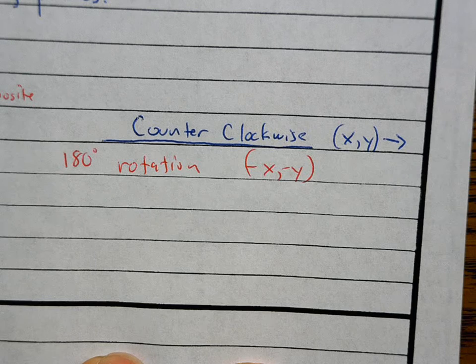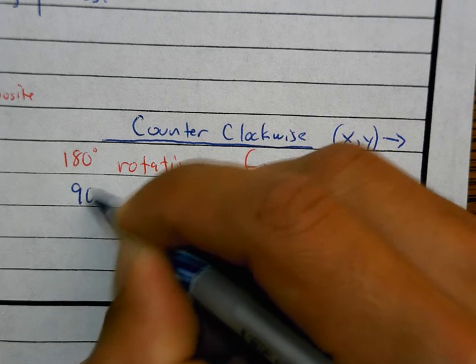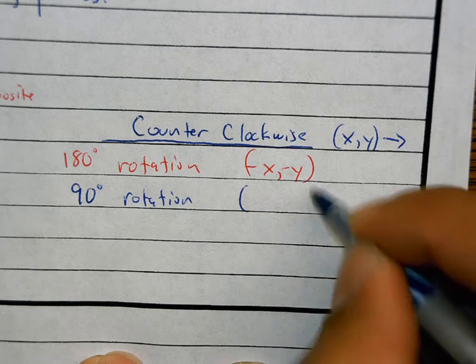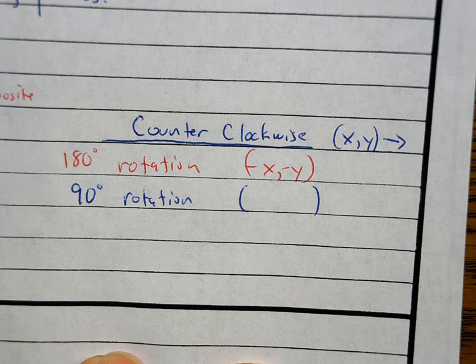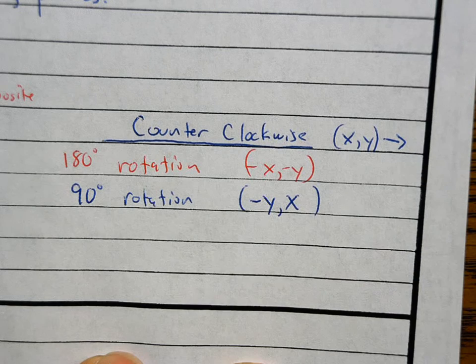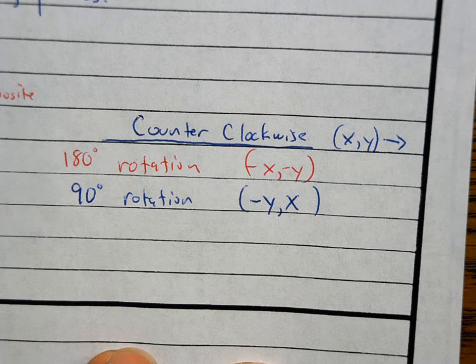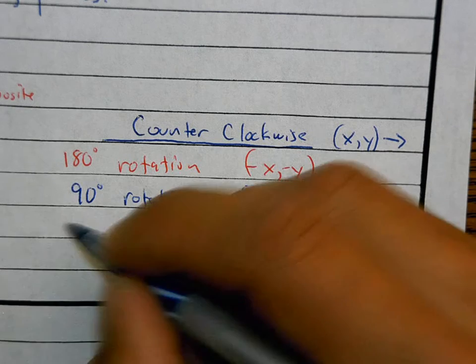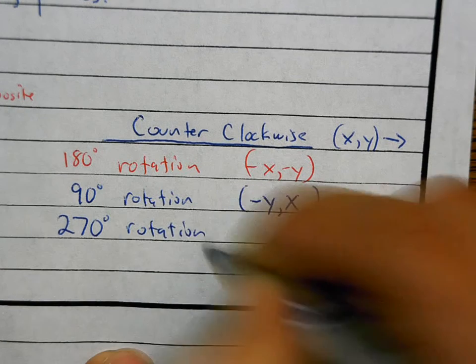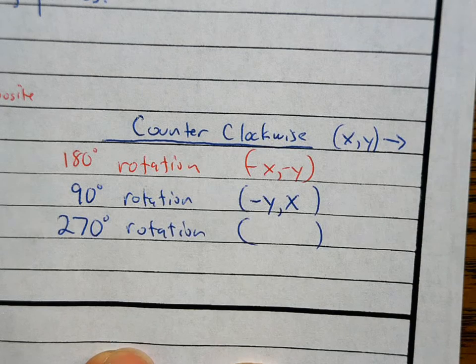Let me do a 90-degree rotation. What'd you say, Ray? (-y, x). That's true. That's what I have on my paper. And then we have a 270-degree rotation. It's all counterclockwise.